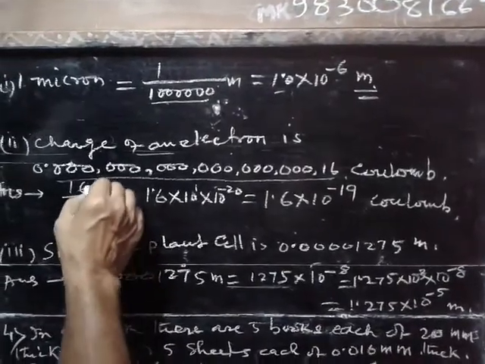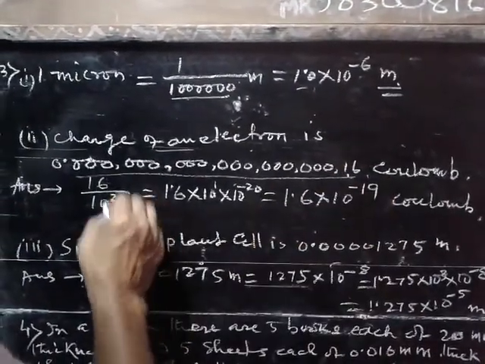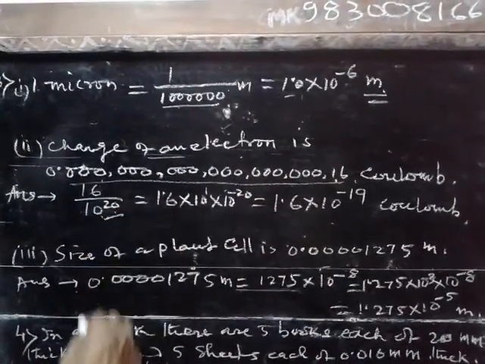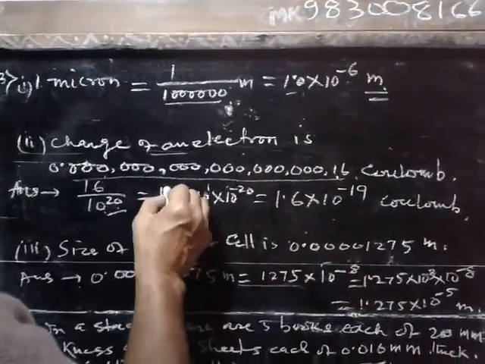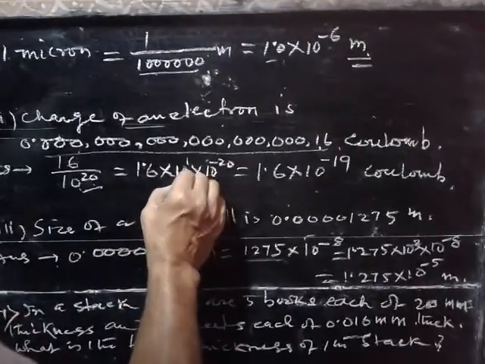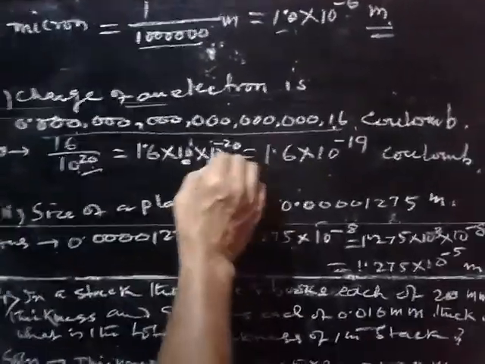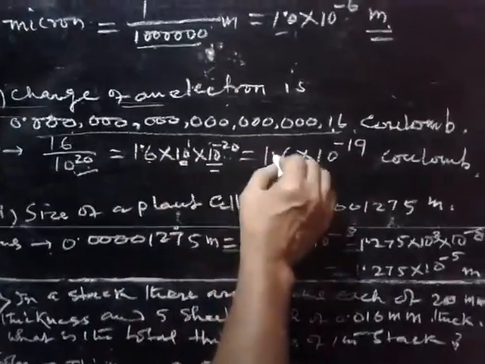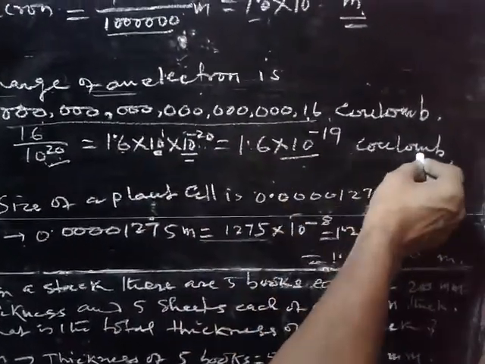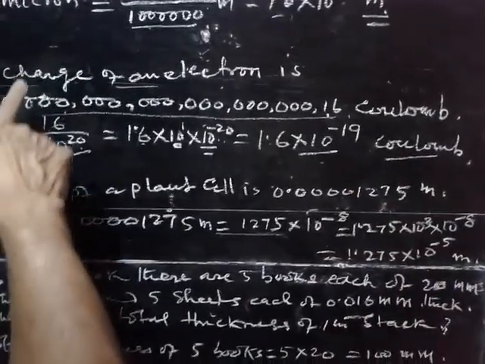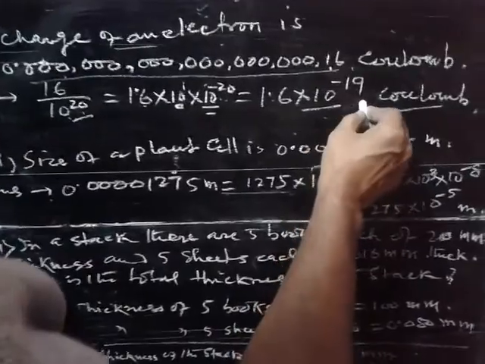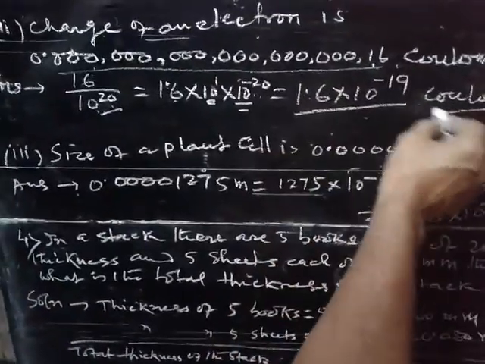So 16 by 10 to the power 20, we can just write it down as 1.6 into 10 to the power minus 20. So 1 is added, then it will be 1.6 into 10 to the power minus 19 coulomb. So the charge of 1 electron, precisely, this is the standard form of this coulomb.